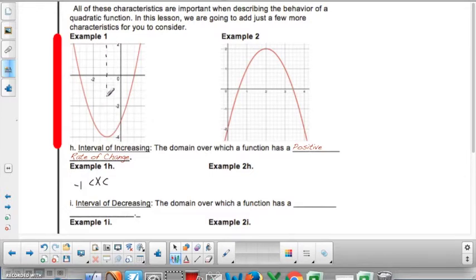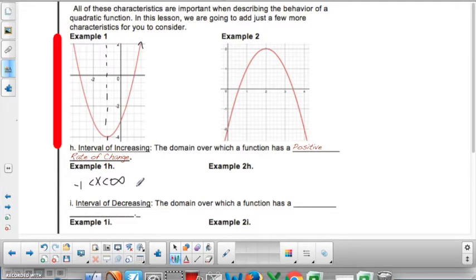You're looking at that x value where this turns and starts climbing again. So it starts climbing at -1. It stops climbing up here, but again, we've got arrows, so that really doesn't ever stop climbing. So our largest x value for which it's increasing is positive infinity.